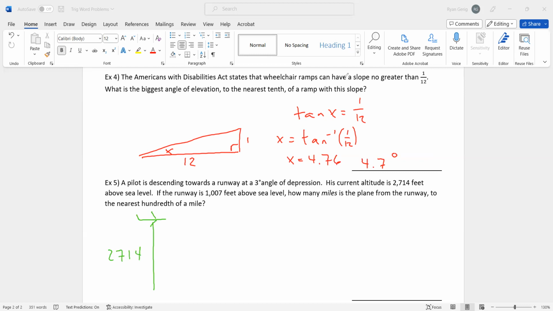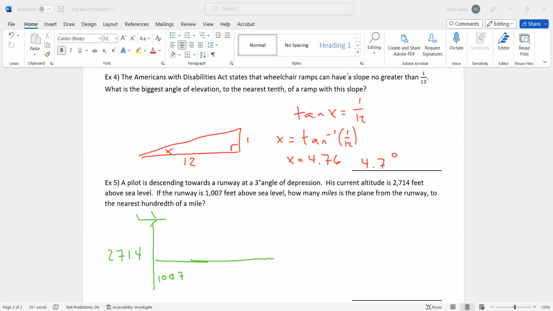If the runway is 1,007 feet above sea level, so the runway is on the ground, but the ground is actually 1,007 feet above sea level, an imaginary level. So this is 1,007. So how high is the plane above the runway?